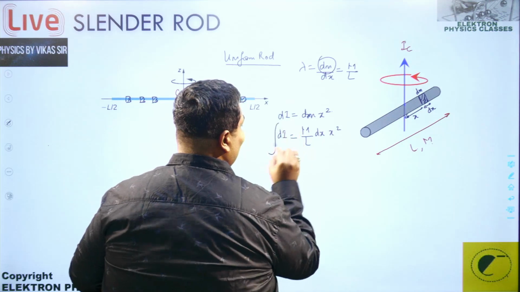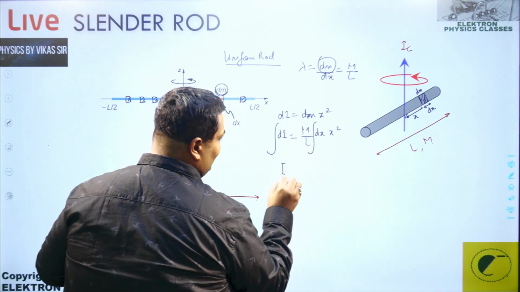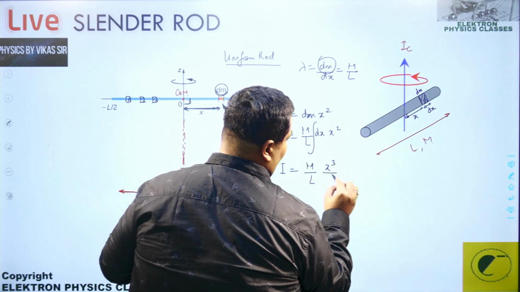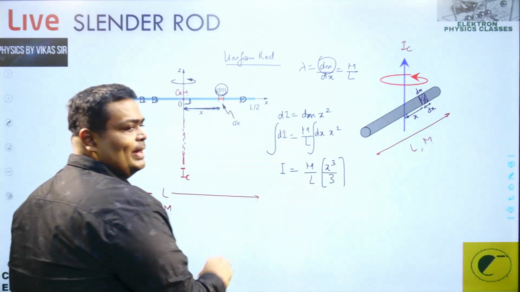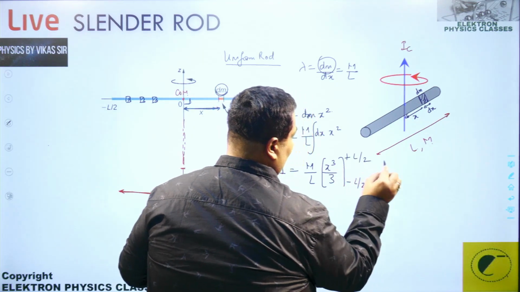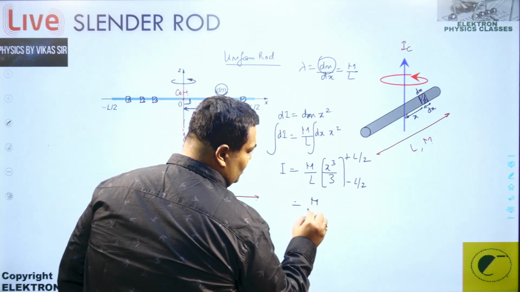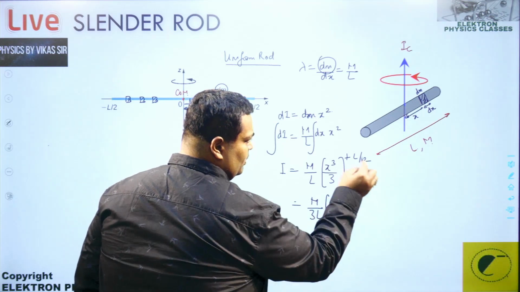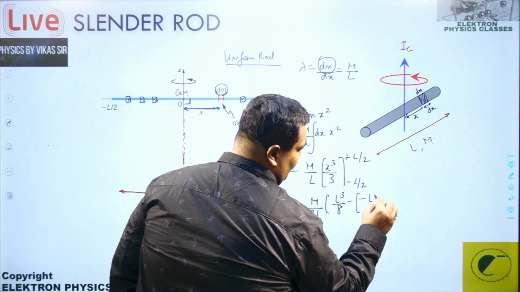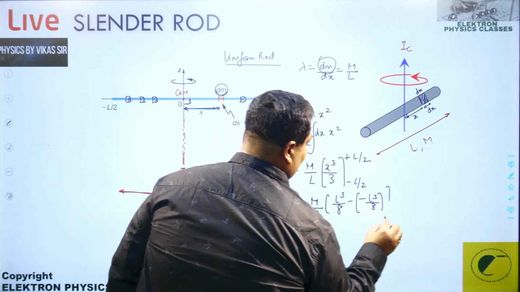And what do I do? I integrate this. So I'll get the moment of inertia as m upon L, integral of x square dx, which becomes x cube upon 3, with limits pre-decided: minus L upon 2 to plus L upon 2. That's m upon 3L into, placing the limit, L cube upon 8 minus of minus L cube upon 8.